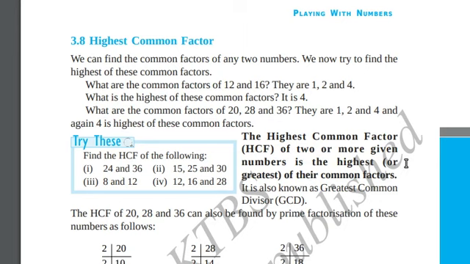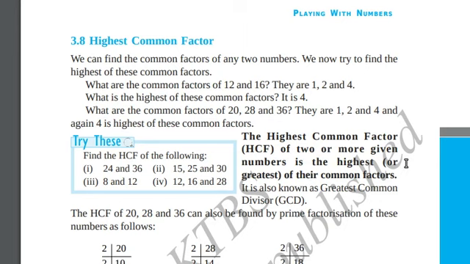We have 4 factors for 8 and we have 6 factors for 12. What is the highest common factor between these two numbers? You can see 4 is the highest. So 4 is the HCF of these two given numbers.